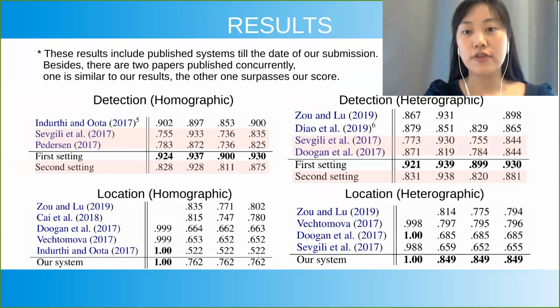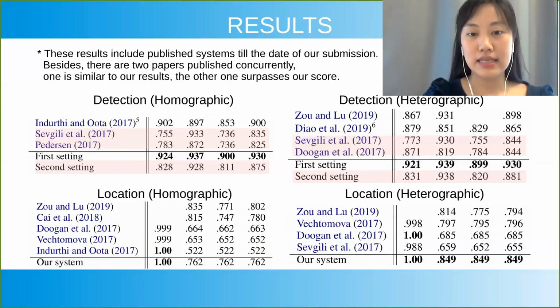Here are the results of our system compared to other published systems till the date of our submission. The two tables on the top are for detection task. The first setting is five-fold cross-validation and tests all data provided in the original task.